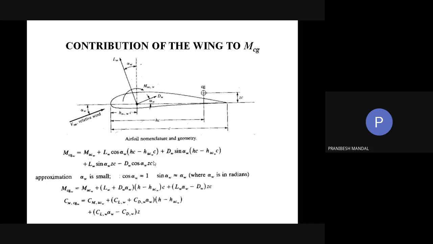Now you see there are certain approximations. As this particular thing is required when the airplane is at the trimming condition, we may consider alpha is relatively small, because the trimming alpha is relatively small, because it is only providing the lift to withstand the weight of the total airplane.